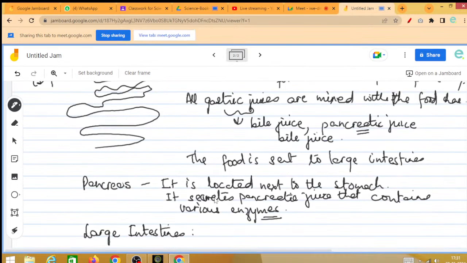I'll just write that. So large intestines are 1.5 meters long. Here water is absorbed from the undigested food.